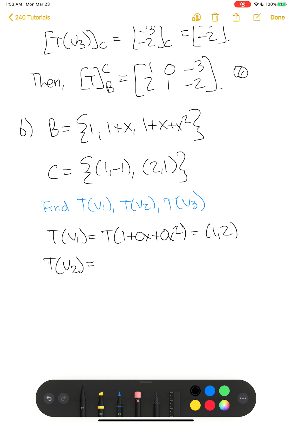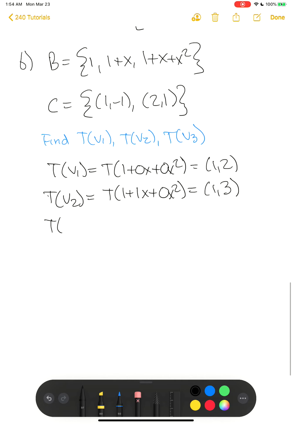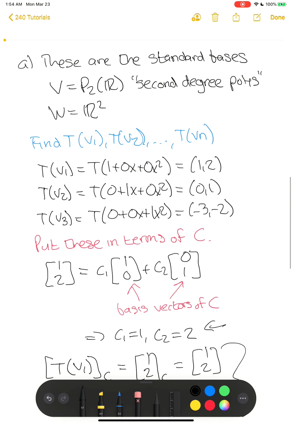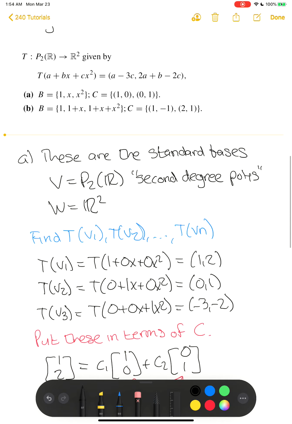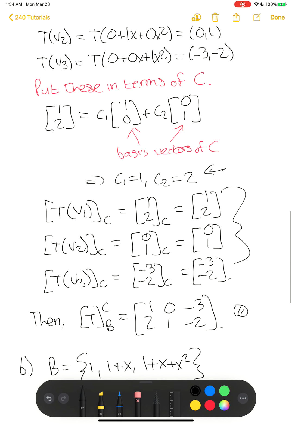T of V2 is T of 1 plus 1x plus 0x squared, which gives you 1, 3. And T of V3 is equal to T of 1 plus 1x plus 1x squared, which gives you negative 2, 1. I know you can't see the transformation. I didn't think about that. But you can take my word for it, and that's really the only part we need anyway.